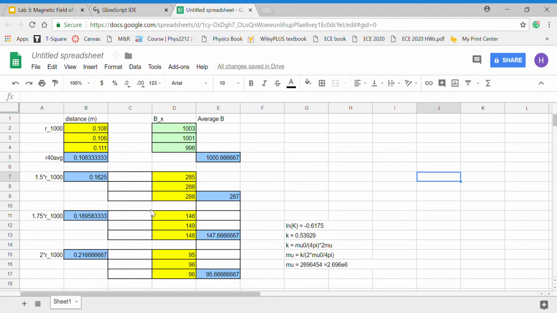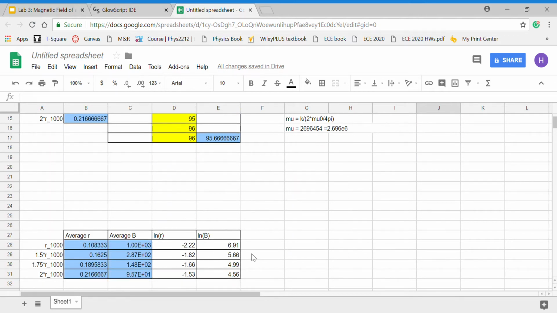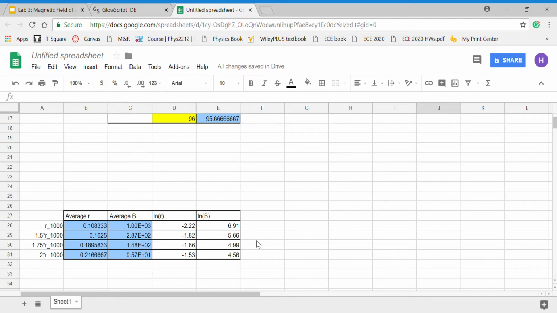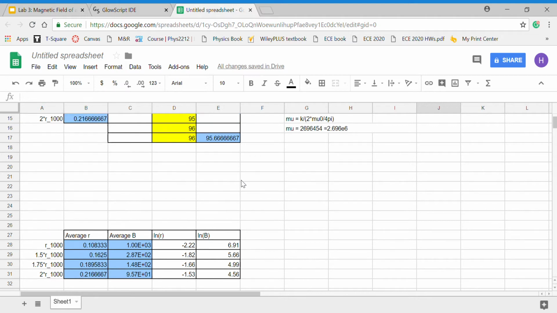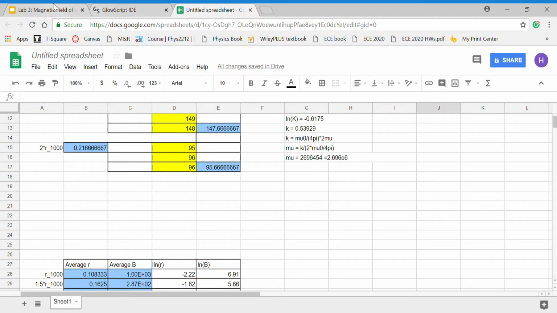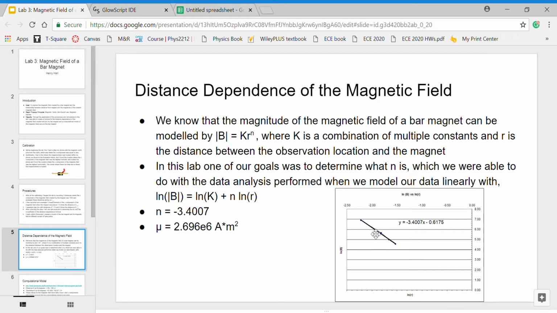For 1.75, we got 147 2/3 microteslas, and for 2, we got 95 and 2/3 microteslas. So down here, we create a table to compare the natural log of the average distance and the natural log of the average x component magnetic field, and we are able to get this nice little linear graph seen here, which matches up with this linear function.